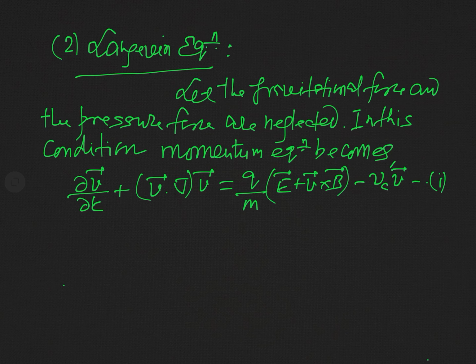Now, as I have told you, under the first order consideration, this term is neglected because it is a quadratic term, and in first order consideration, we neglect the quadratic term, as v dot del v is a quadratic term.